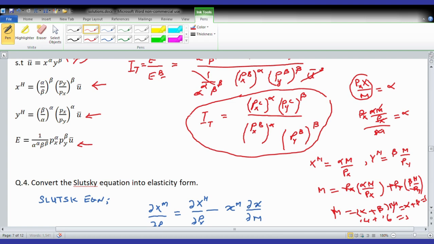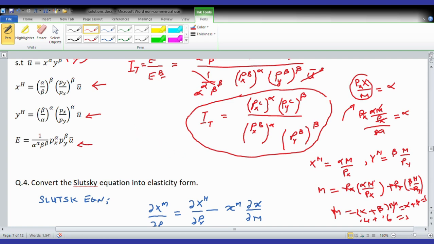So m equal to px alpha m over px plus py beta m over py. py gets cancelled, px gets cancelled. Here we are left with alpha m, here we are left with beta m. So I take m out. On the left hand side I have m equal to alpha plus beta times m, m gets cancelled, and I get alpha plus beta equal to 1. Alpha I have shown you is the share of income being spent on x, beta is the share of income being spent on y, and the sum of these shares should be equal to 1.